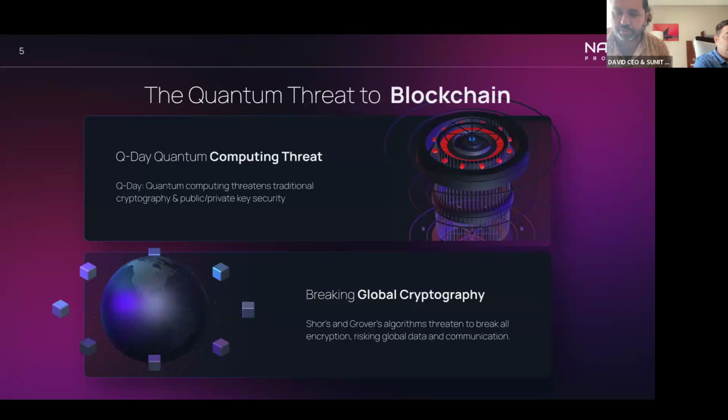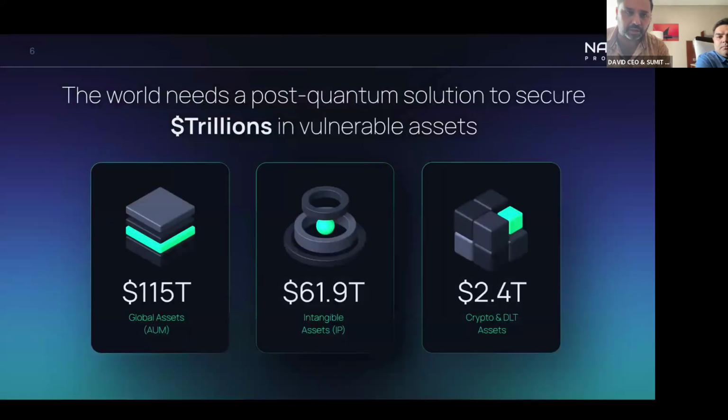We need to solve these problems as soon as possible, and we have been receiving a lot of interest because of our post-quantum chain that we're going to make available in some months for you to play with and build things on, at a completely different level of resilience from a cryptographic perspective. The world needs post-quantum solutions to secure trillions in vulnerable assets.